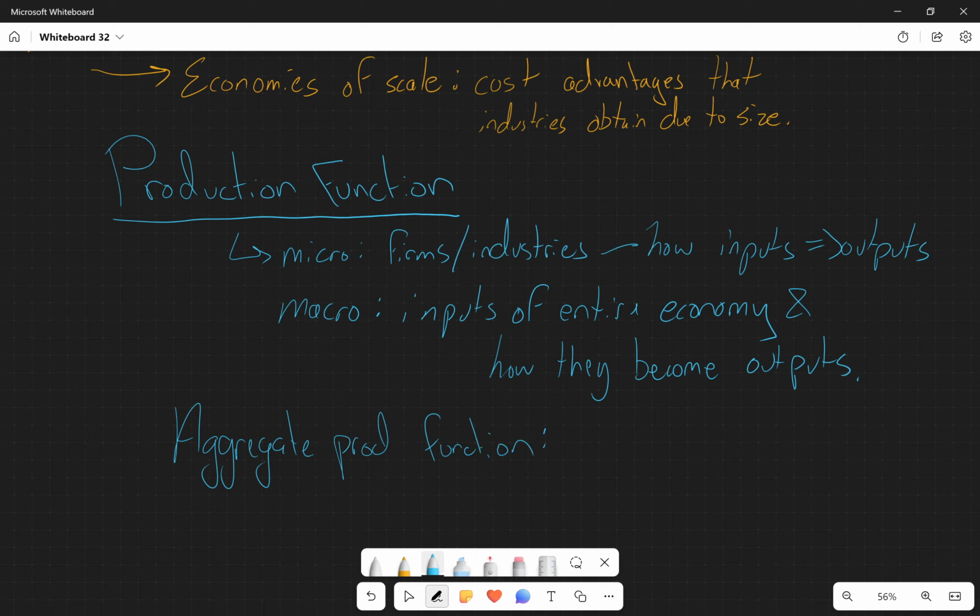So oftentimes when we talk about an aggregate production function, we will have something where our GDP, often represented as Y, is equal to some sort of function of our human capital, our physical capital, K, and our technology, which we always use as an A. This is our physical capital. This is the human capital.